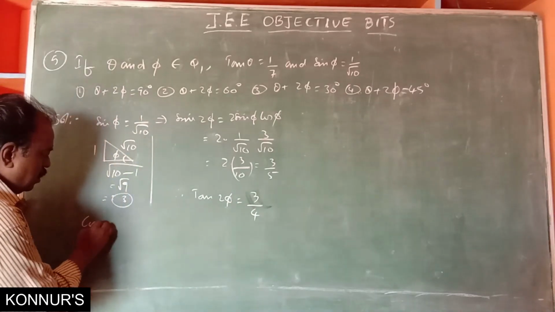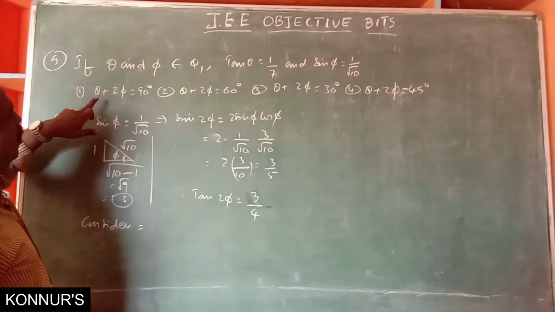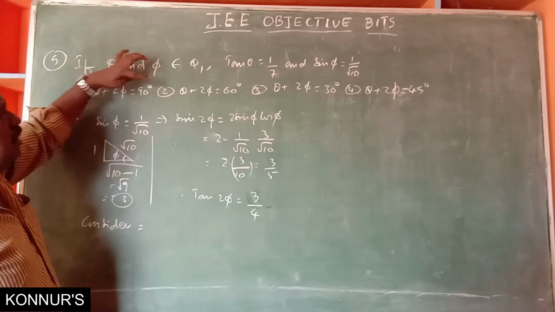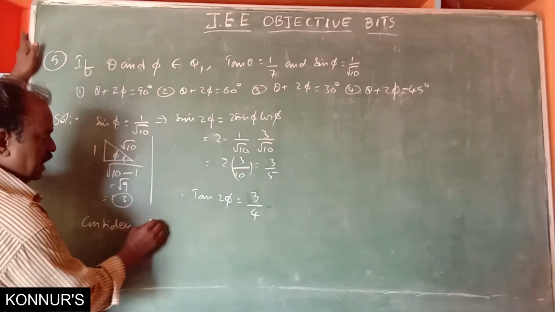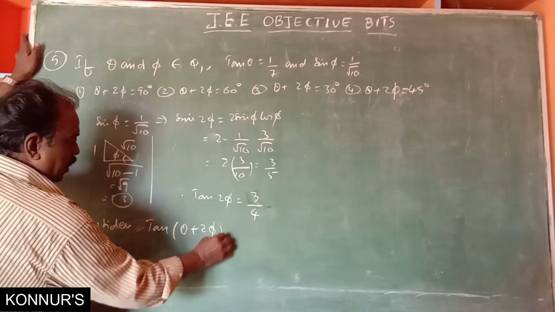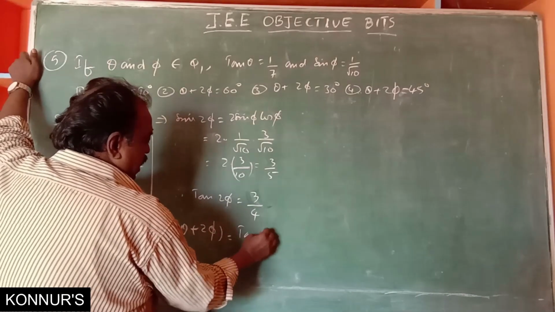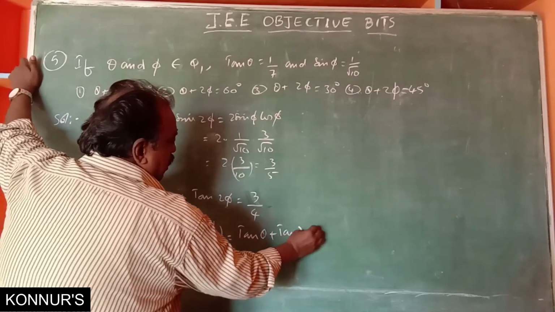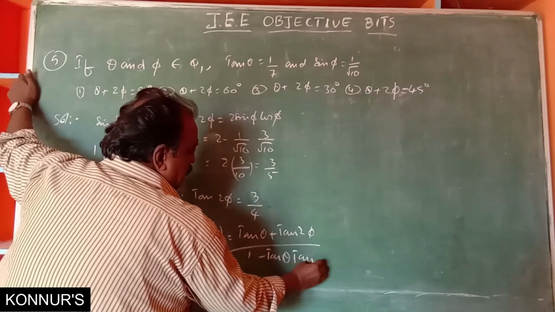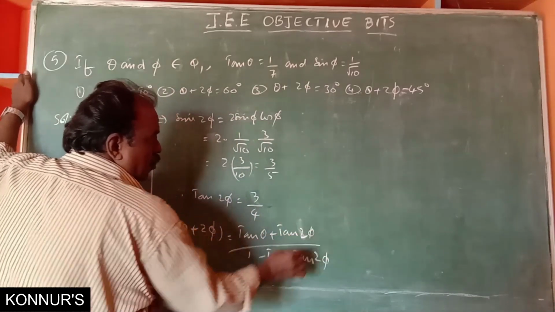Now consider all the LHS in the options. Theta plus 2 phi, theta plus 2 phi. So I consider tan of theta plus 2 phi. It is tan of A plus B now. You see, it is tan theta plus tan of 2 phi by 1 minus tan theta tan 2 phi. Okay na?